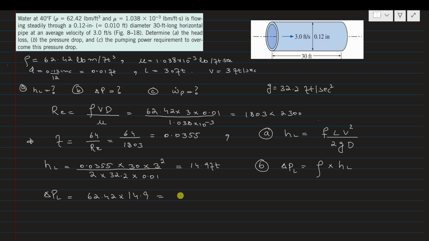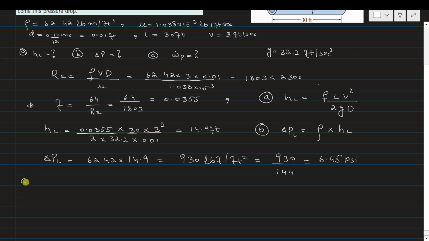You will get it in terms of pound force per foot square, and its value will be 930 pound force per foot square. You need to convert this 930 pound force per foot square into PSI. Then we need to divide this 930 by 144, and it will be 6.45 PSI. PSI means pound per square inch.